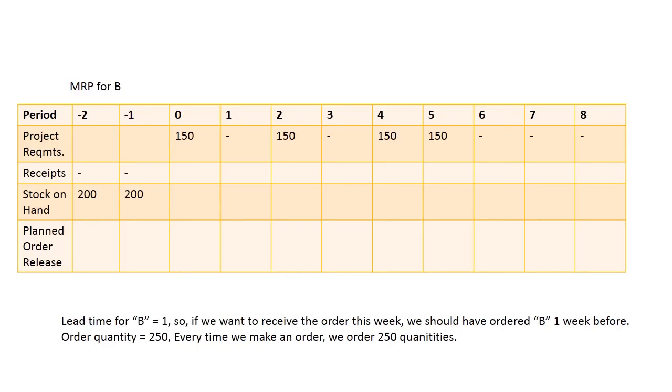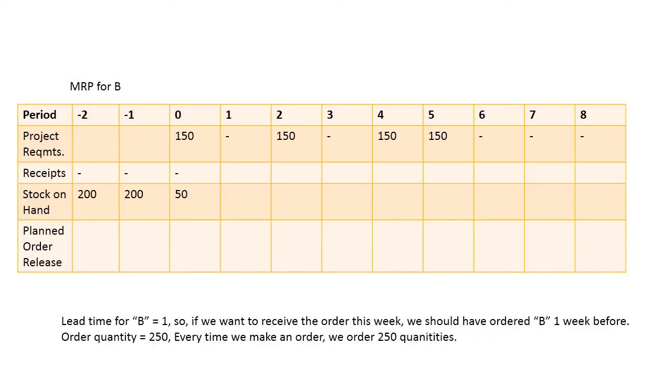So 200 is the stock on hand, and we require 150 units in the 0th week. So we have 150 as the requirement, so we have 50 units. We don't have to order anything because we have enough in the inventory. So we'll take it from the inventory and supply it for the demand, and remaining is 50.